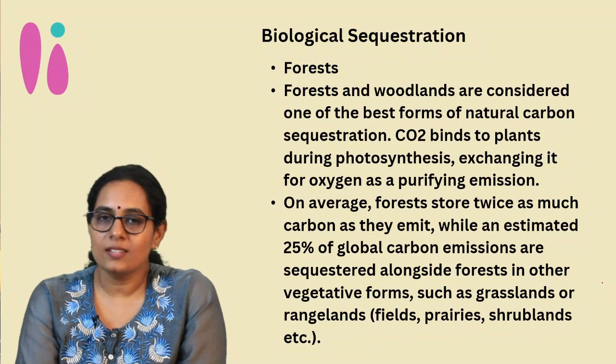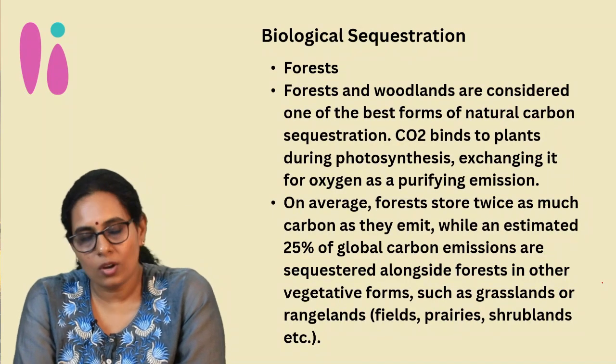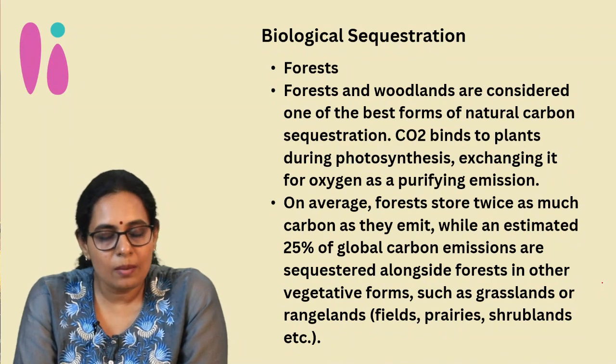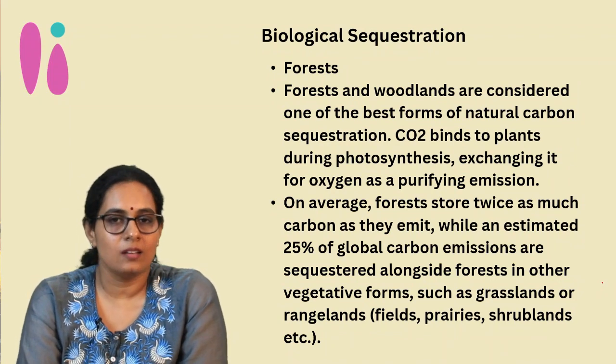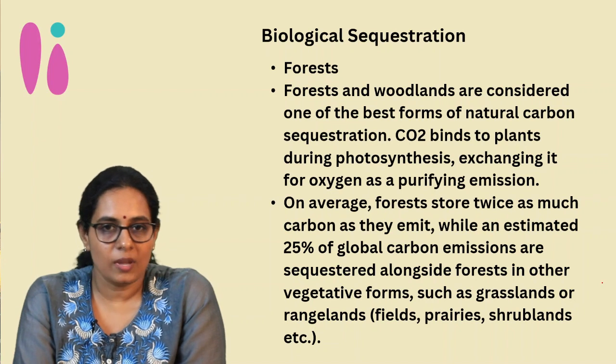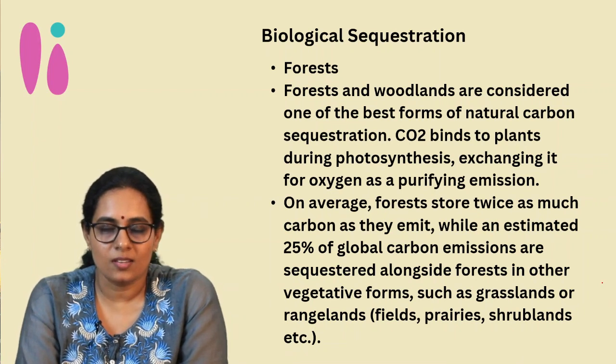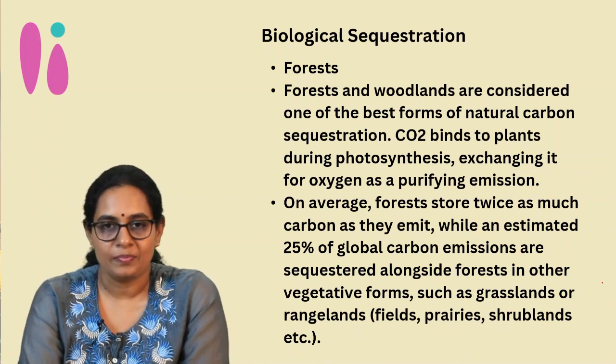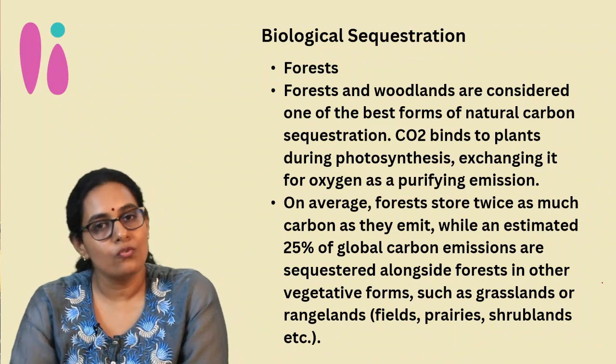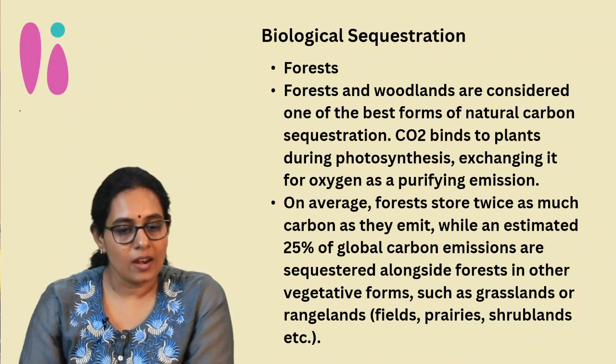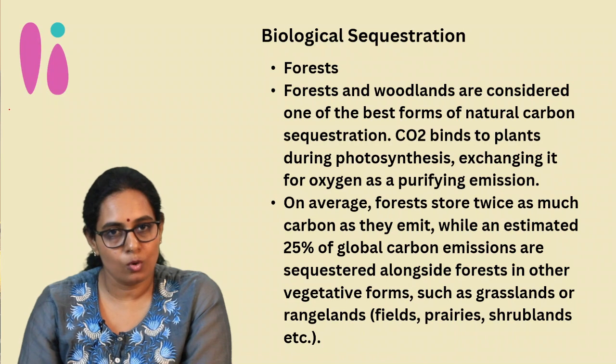When you look around you, the cheapest, best and most efficient method of carbon sequestration is the growth of plants. Why? Plants do photosynthesis. We are aware of the equation of photosynthesis.